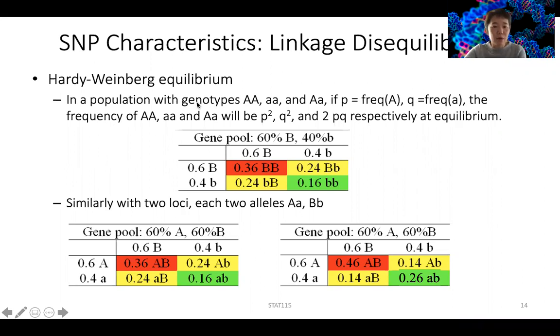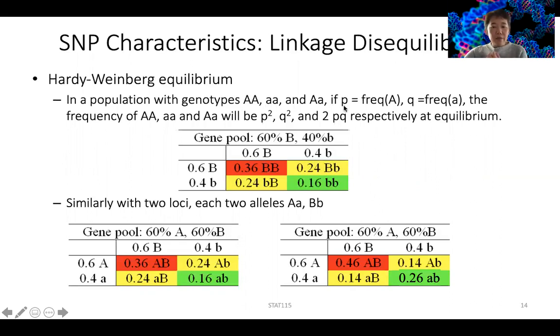For example, if a population has one locus, 2 alleles, some people in this one SNP location can have either 2 big A's, 2 small a's, or a big A and a small a. So the big A is the major allele, small a is the minor allele, right? Sorry, I'm using B in this case. You can use A as well.